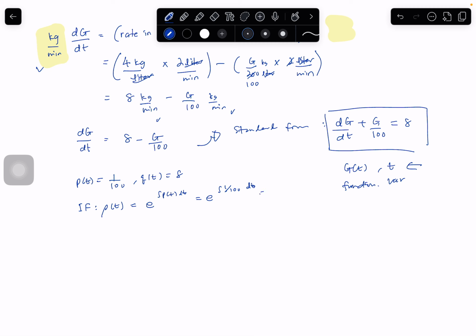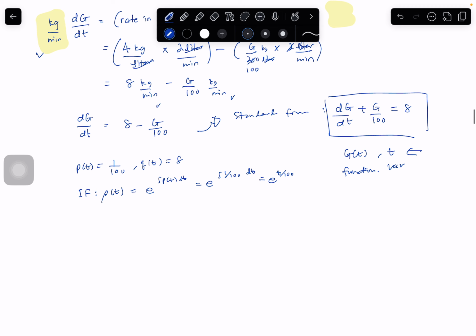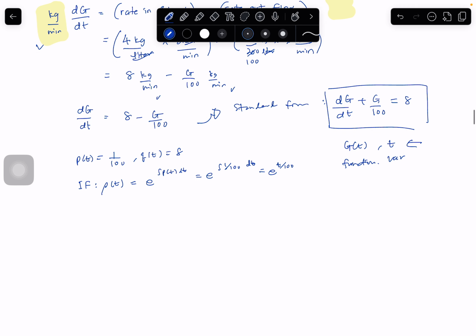So the integrating factor is e to the power of t over 100. Shortcut: d/dt of your variable G multiplied with rho of t is equal to rho of t multiplied with your Q of t, and then integrate both sides.